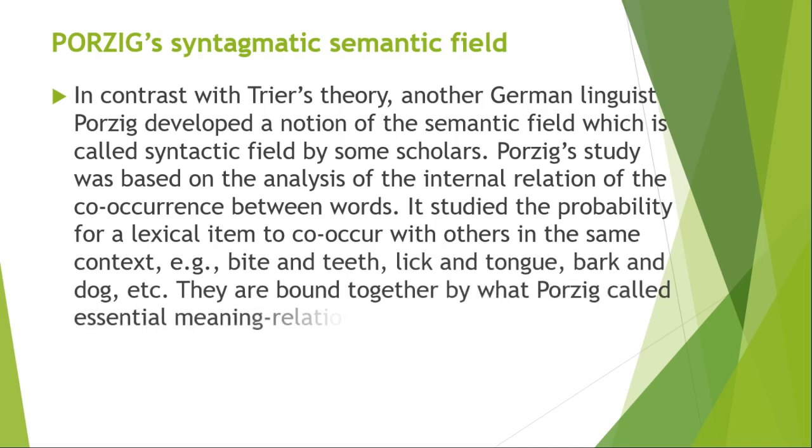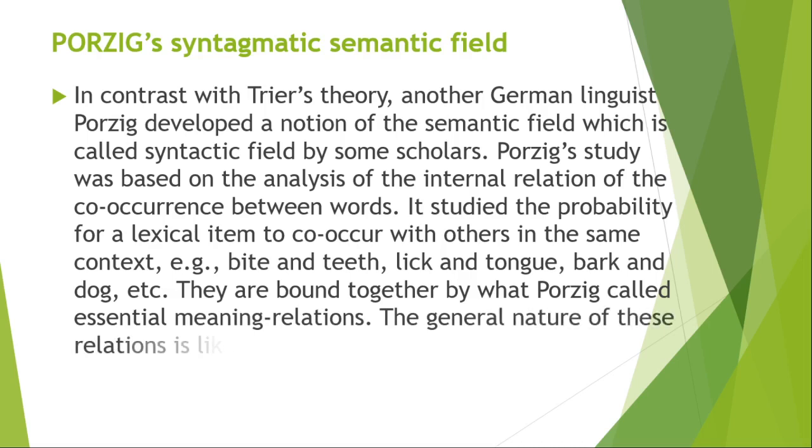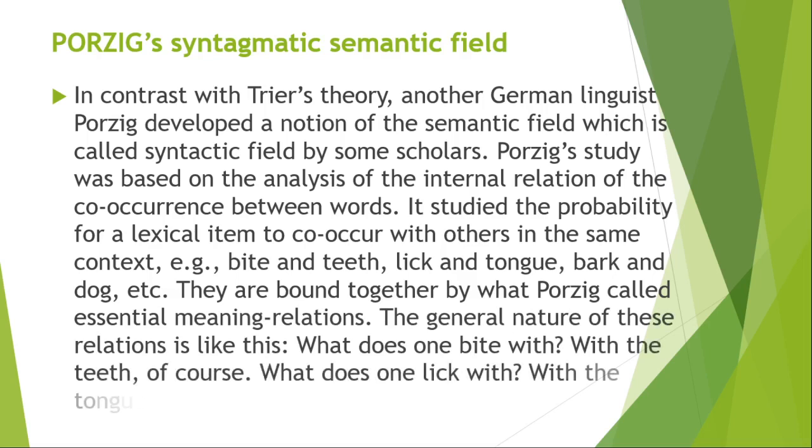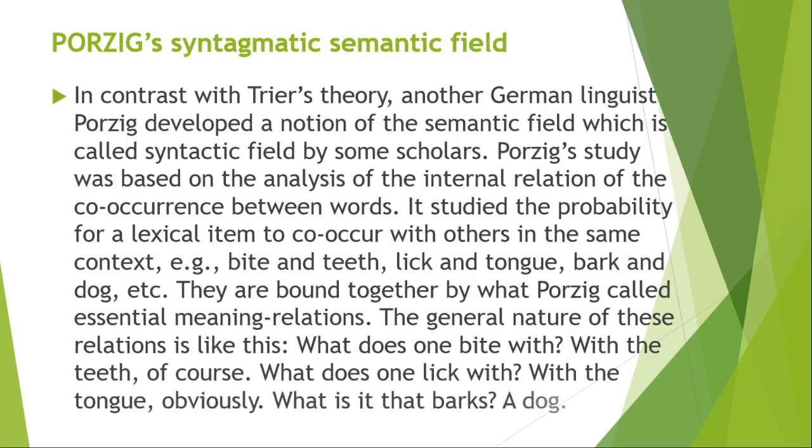The general nature of these relations is like this. What does one bite with? With the teeth, of course. What does one lick with? With the tongue, obviously. What is it that barks? A dog. Now look at this relation, a type of collocation relation, a horizontal relation between words.